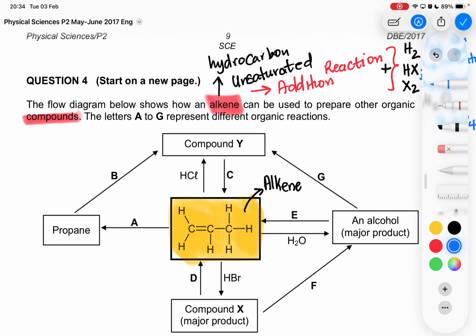And we must also know that an alkene is unsaturated, which implies that there is at least one multiple bond between carbon atoms.